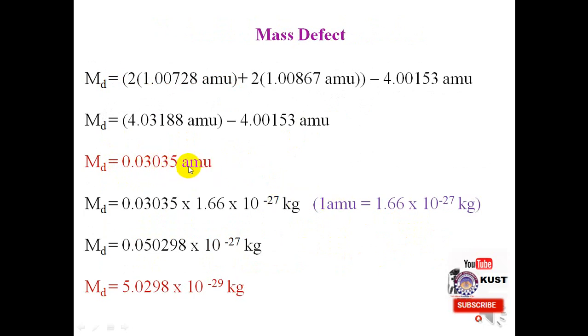We can convert the mass defect from AMU into kg, as we know 1 AMU is equal to 1.66 × 10^-27 kg. So converting AMU into kg, the mass defect is equal to 5.0298 × 10^-29 kg.